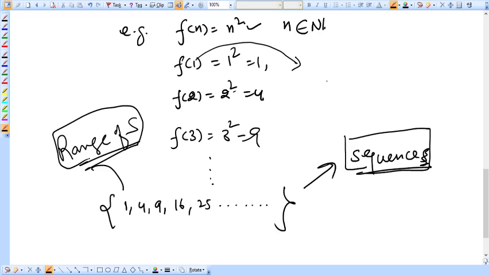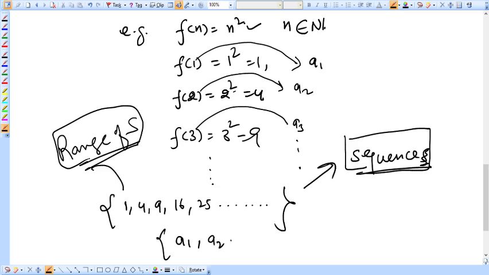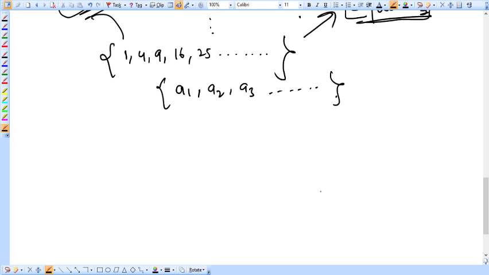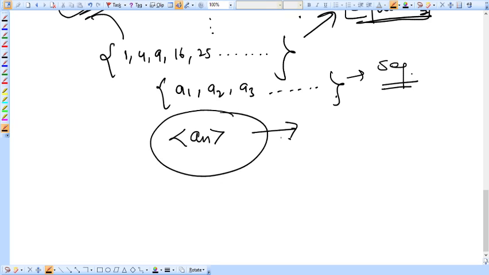Most of the time f(1) is written as a1, f(2) is written as a2, and f(3) is written as a3, and so on. In this way we get a sequence a1, a2, a3 and so on. Because the domain is the natural numbers, this is a sequence of real numbers, or simply we write this sequence as (an). This is how we represent a sequence.